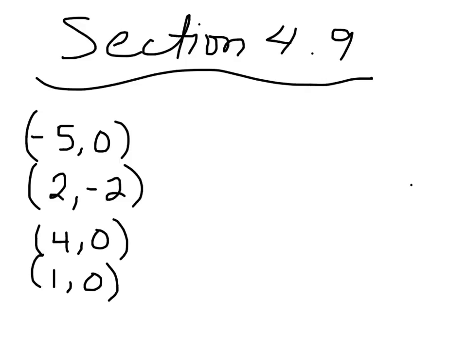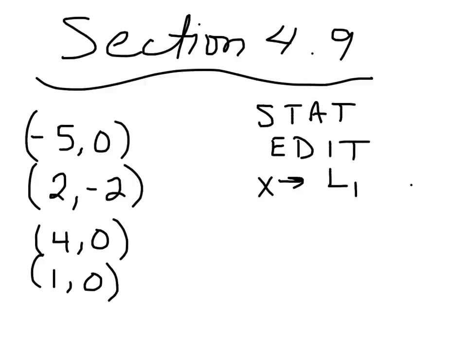So, when we did this, and it has been a while, here's what you did. You typed stat, then edit, and then remember we typed X is going to list 1, Y is going to list 2. You remember doing this? Okay, good. Some of you do, some of you don't.